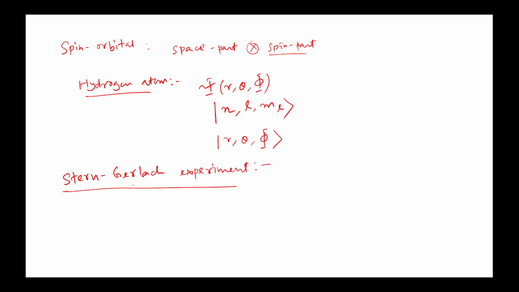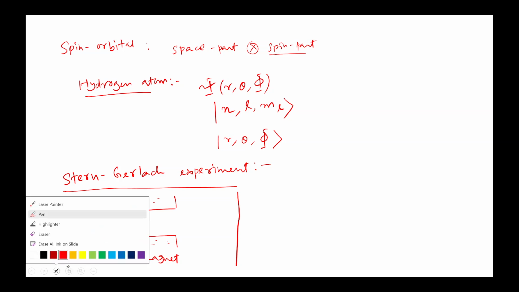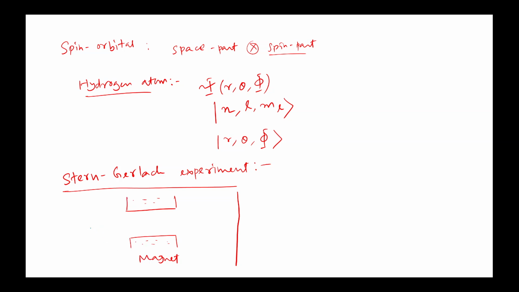So what is the Stern-Gerlach experiment? What was done is, you had a magnetic field here. So this is basically a magnet, and there was a detector which was placed, and a silver atom beam was passed in between these two.